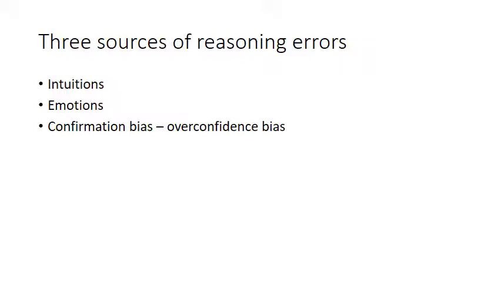And this important confirmation bias leads to the overconfidence bias, the fact that we often overestimate the chances that we are right, that we predict correctly, and so forth. And so today we're going to see how we can guard ourselves against these three sources of reasoning errors.